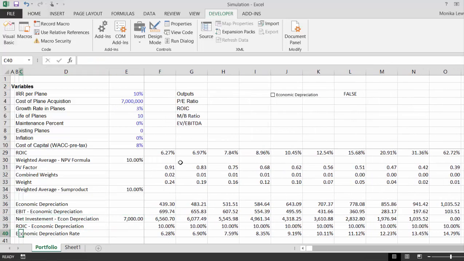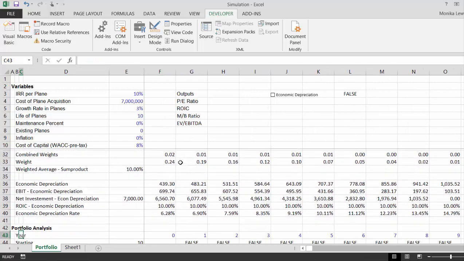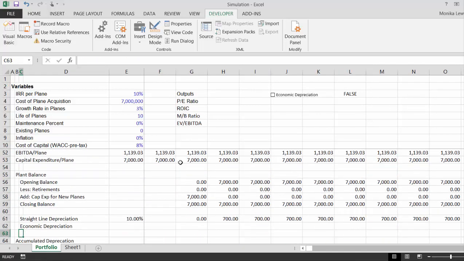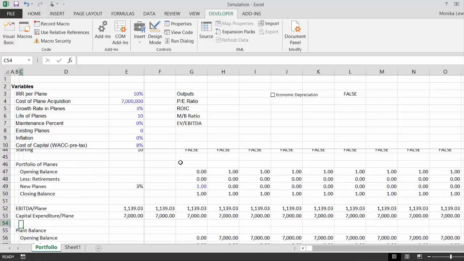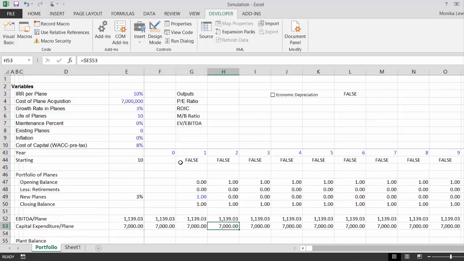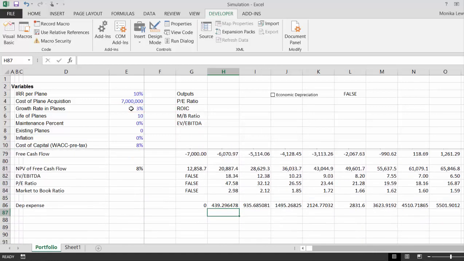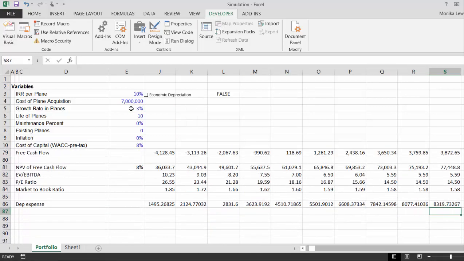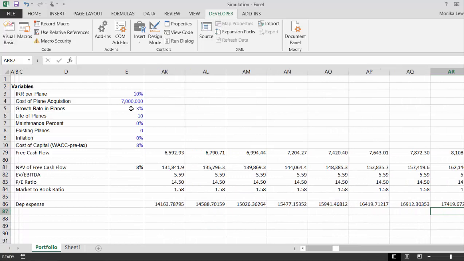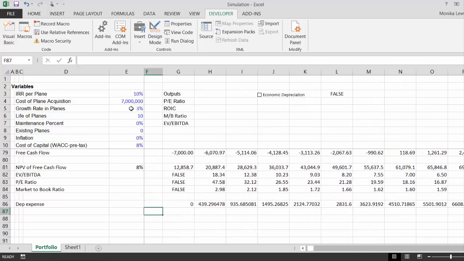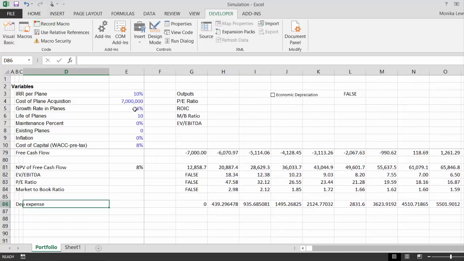Okay. Now, what we need to do is make sure it works if we change this and put our formula, and the formula is this times 1 plus the growth rate. And now the depreciation goes up and up and up. Let's put 0 growth in the planes.